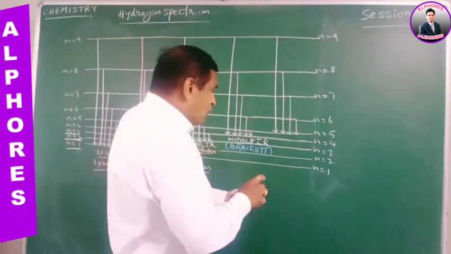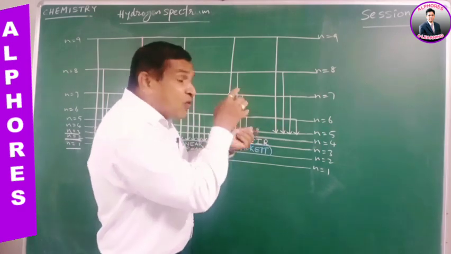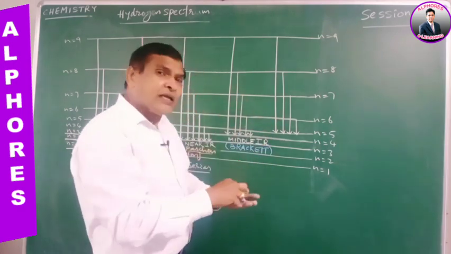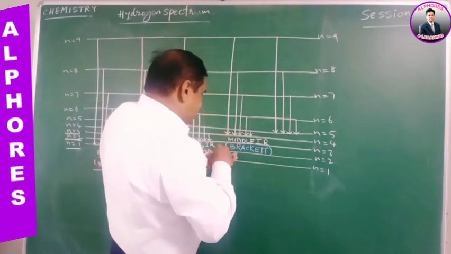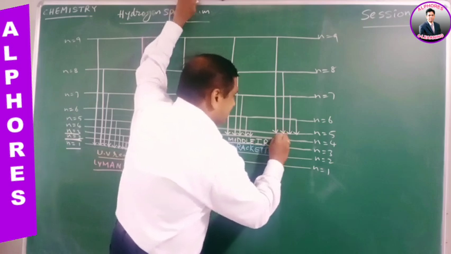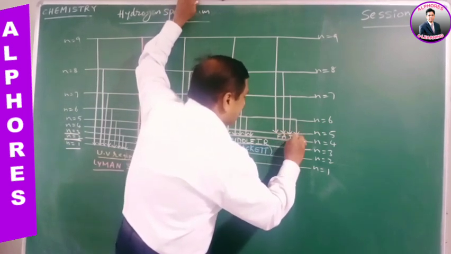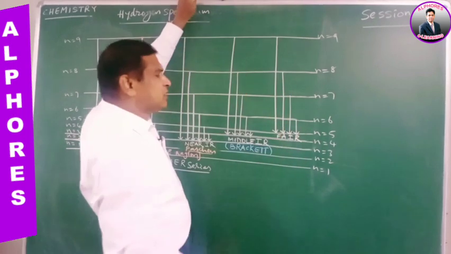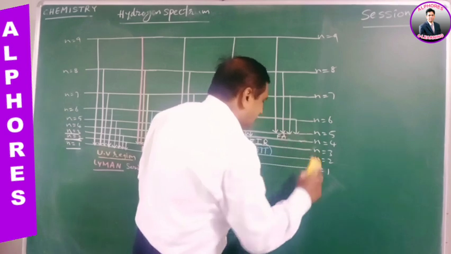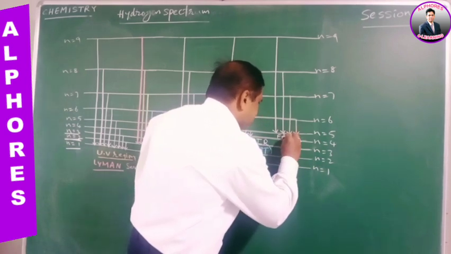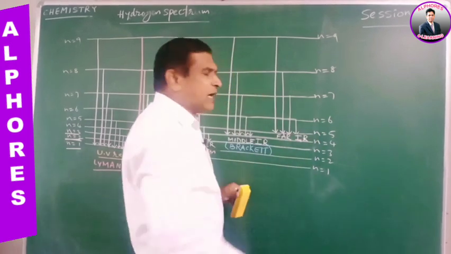the emission radiation of the corresponding spectral lines was found in the far infrared region. They were found in the far infrared IR region of hydrogen atomic spectra.